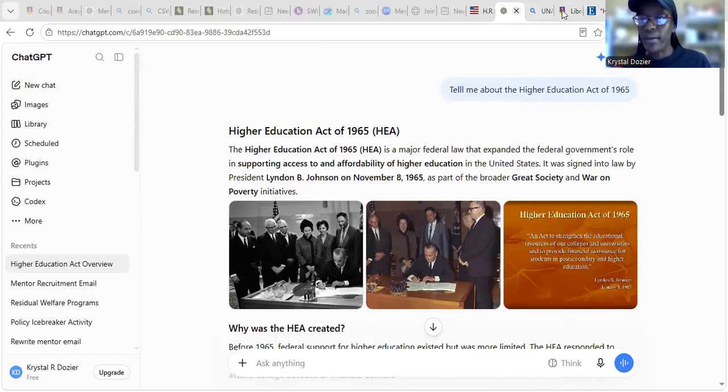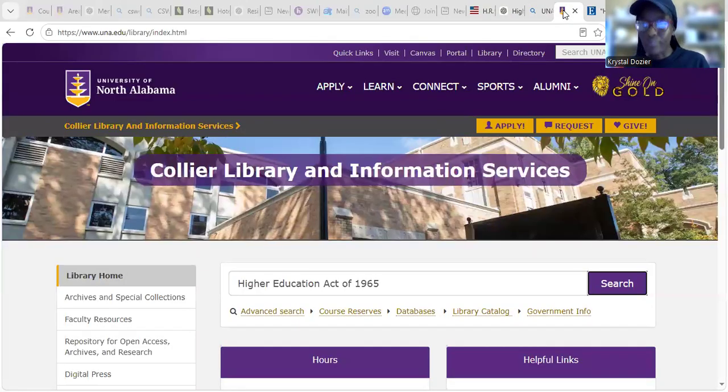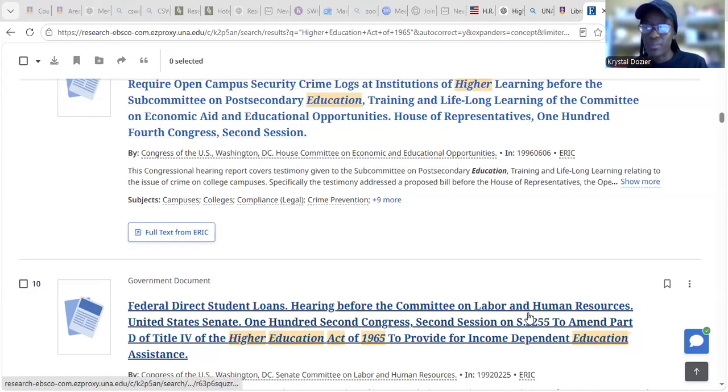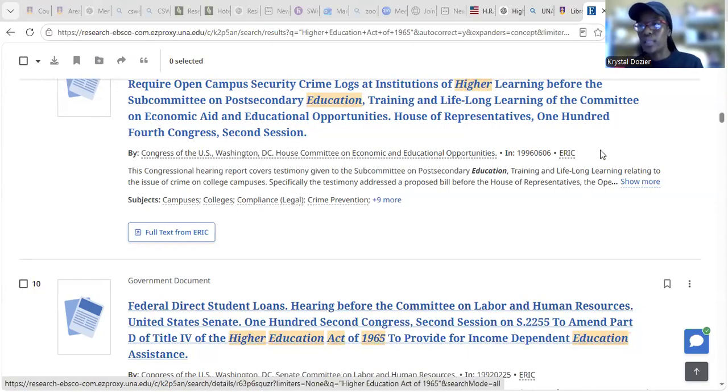And then from there, I went to UNA's library, right, and typed in the act so that I can gain more information about it, because I want to use reputable sources. Sometimes AI will hallucinate. I know that's not a hallucination because I've done research on the Higher Education Act of 1965. But now we go to more reputable sources that can be confirmed through our UNA library.